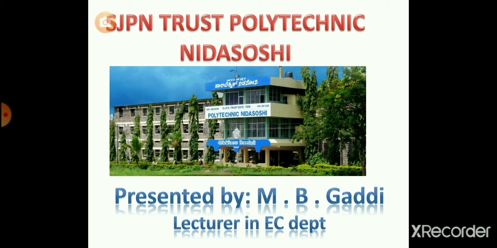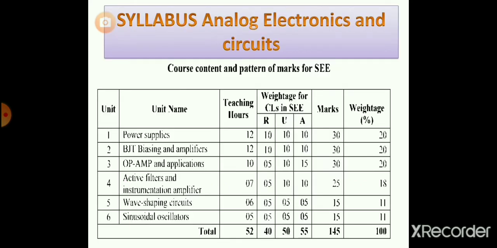Now for analog electronics and communication, the first chapter is what? Power supplies, and in the examination it comes for 30 marks. Second chapter, BJT biasing and amplifiers, total marks 30.